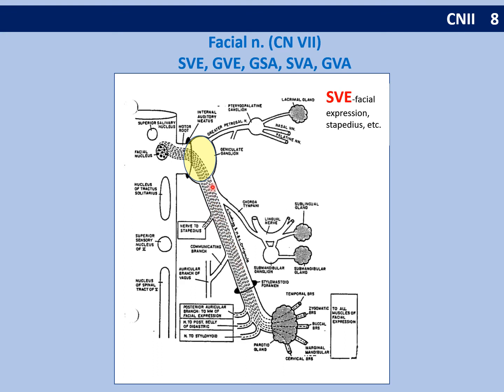And along the way in the facial canal, it gives off the nerve to the stapedius, and then the facial nerve exits the stylomastoid foramen. It also gives off that chorda tympani that's shown here.